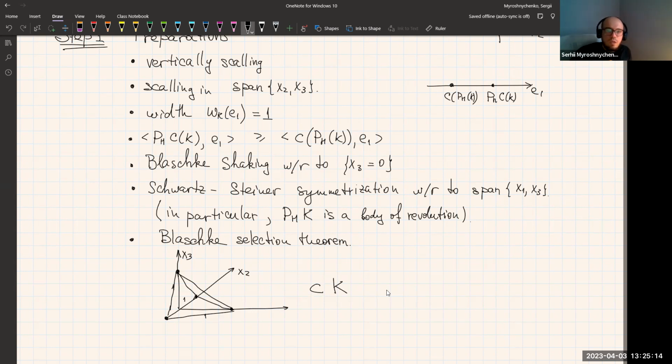On the other hand, according to our agreement, the result of all these preparations of K will be contained inside of a box, let's say a square over here and the height 1 over here. So this guy lives inside of that box.